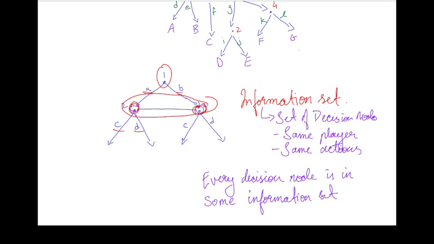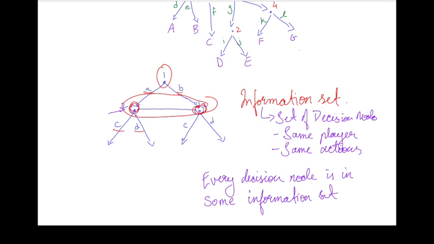So for example, player 1's node here is in an information set all by itself. It's the only node in that information set. Whereas this information set for player 2 contains two different nodes. But every node is in some information set. And that's how we characterize the information that the players have available to them. So this just about sums up all the various features of an extensive form.